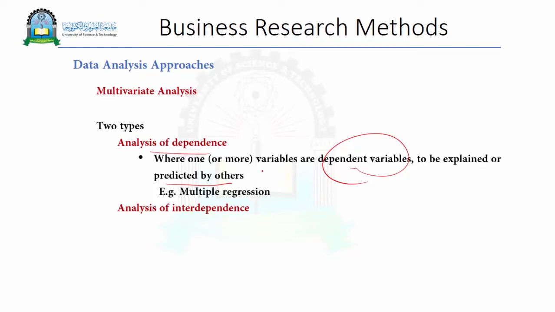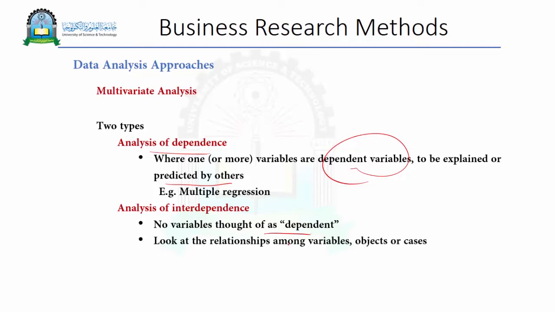The analysis of interdependence is another type of multivariate analysis, where no variables are thought of as dependent, but we look at the relationship among variables, objects or cases. Like factor analysis, which is used for developing data collection instruments like questionnaires and testing the loading of any item in the questionnaire, whether it can be used or not.